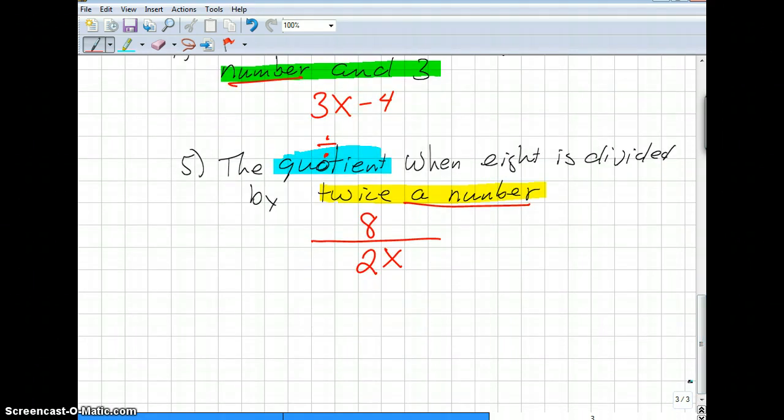All right, let's move on to a more involved example. Let's look at number 6 here.